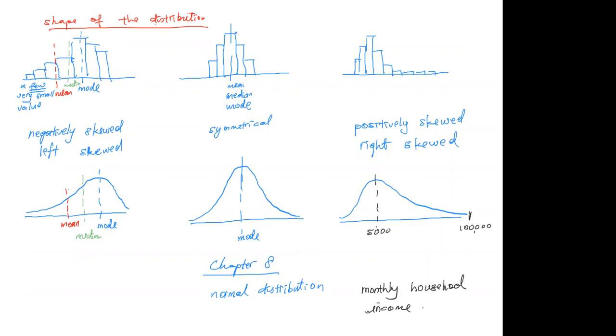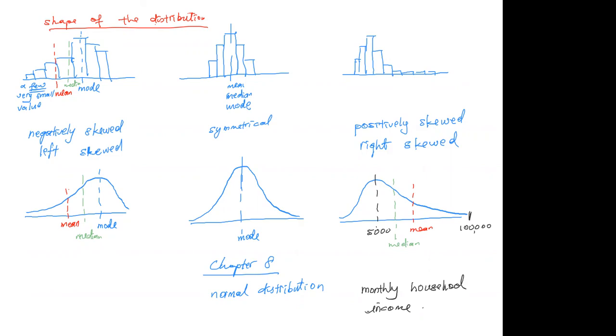So what will happen to the mean? Can someone tell me what will happen to the mean? This one, you will pull up the mean. The median is here. In this case, the median is less than the mean. So it is the right skew.